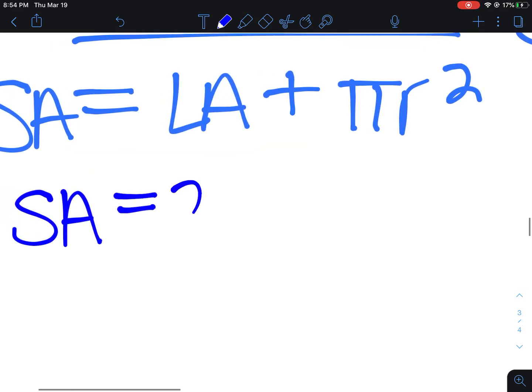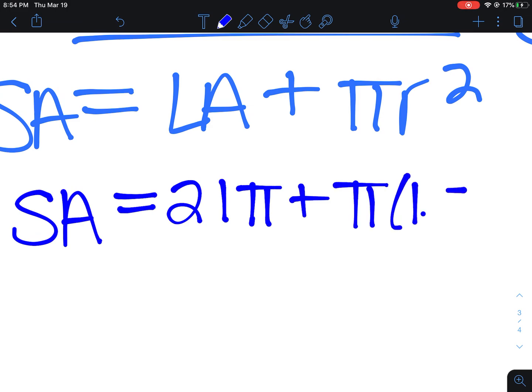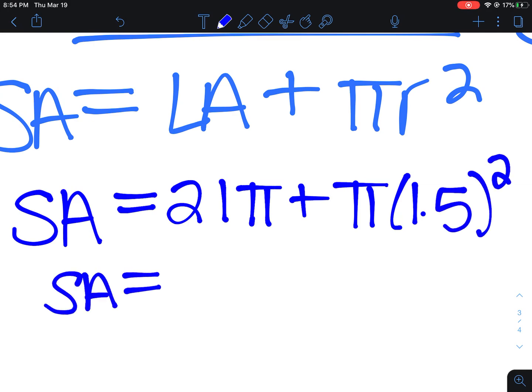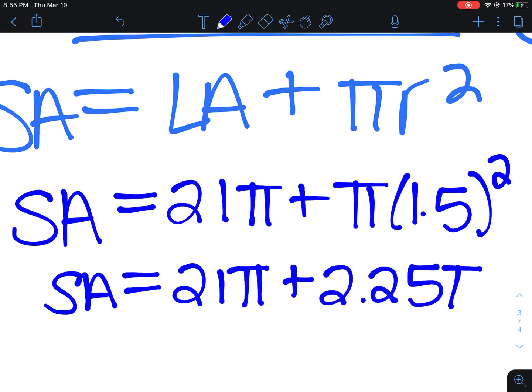We just said that was 21 pi. So 21 pi plus pi, the radius was 1.5, we said, squared. So that's 21 pi plus 1.5 squared is 2.25 pi.